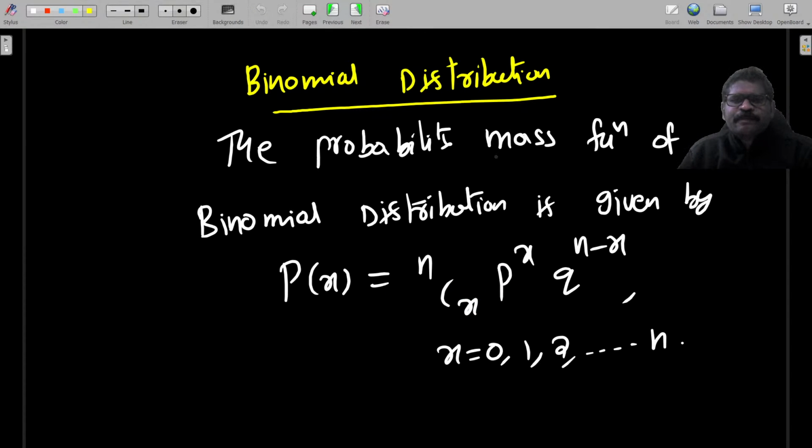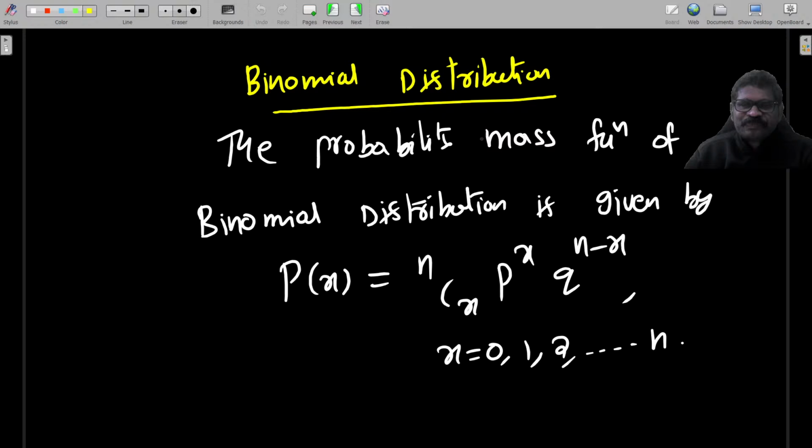The probability mass function of binomial distribution is given by P of x equal to nCx p power x q power n minus x. X takes values 0, 1, 2 and so on n. It is a discrete probability distribution. Discrete probability distribution is nothing but random variable x takes countable values.